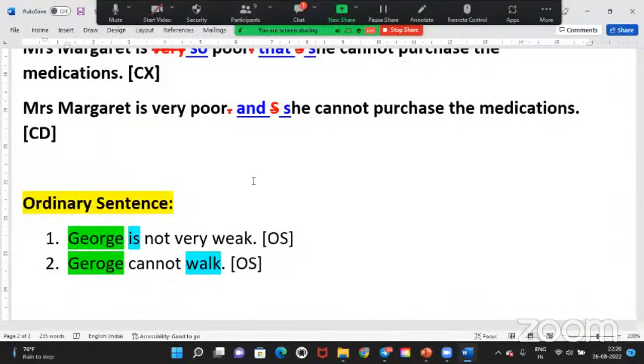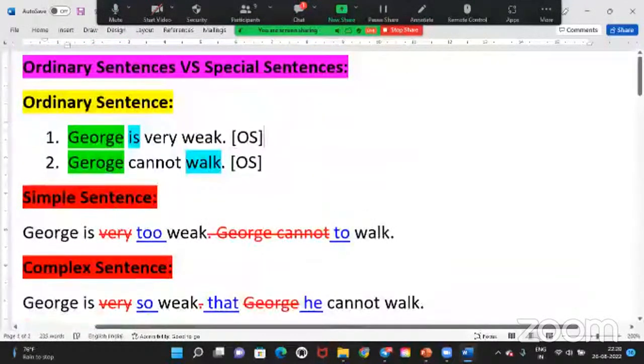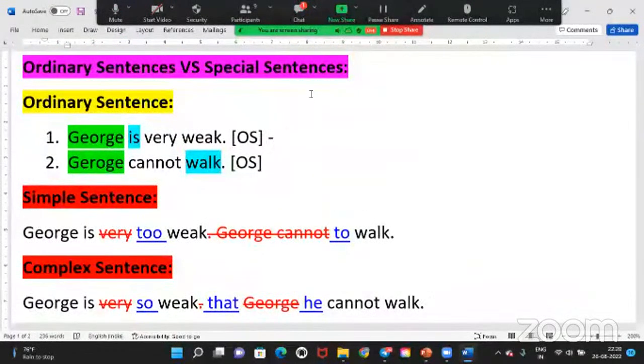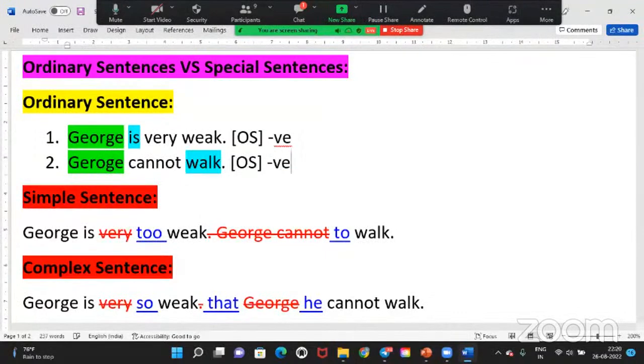Here both are negative sentences. You can see George is very weak, negative sentence. George cannot walk, negative sentence.